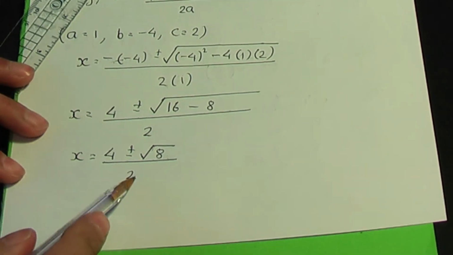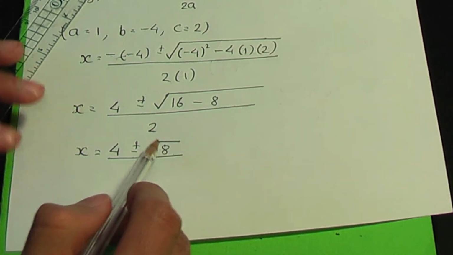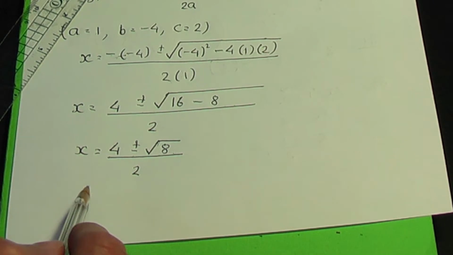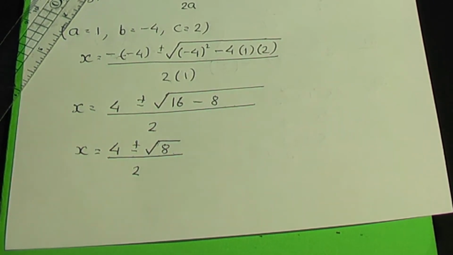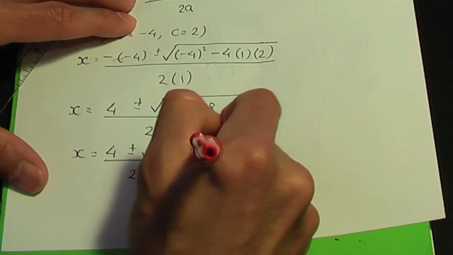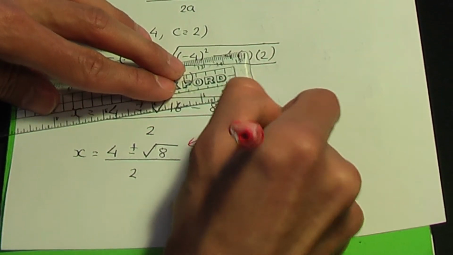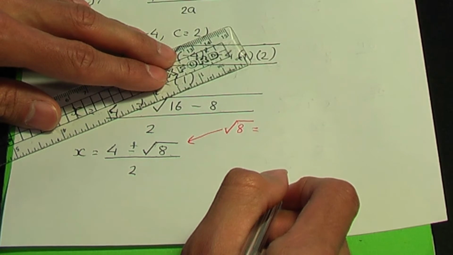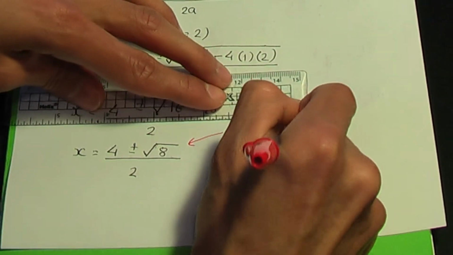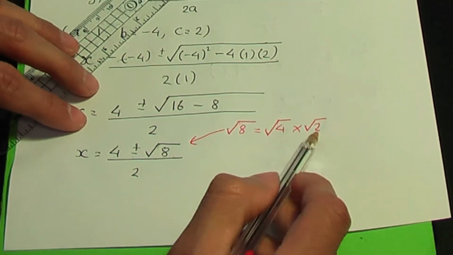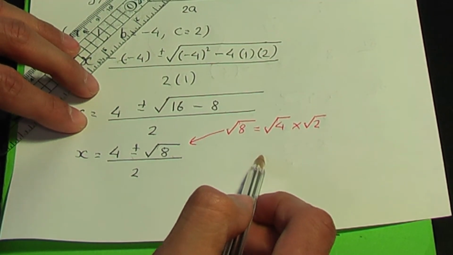Now we can simplify this further. In the video that I did on surds, root of 8 we can simplify. Using one of the rules for surds, root of 8 is root of 4 times root of 2, as 4 times 2 gives us 8.